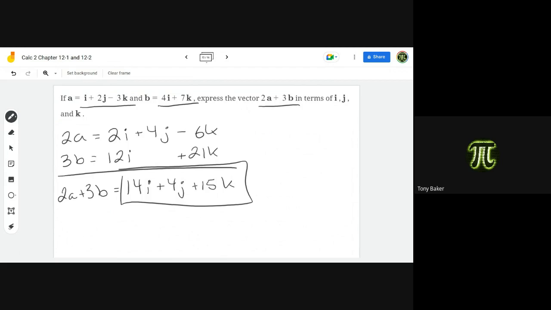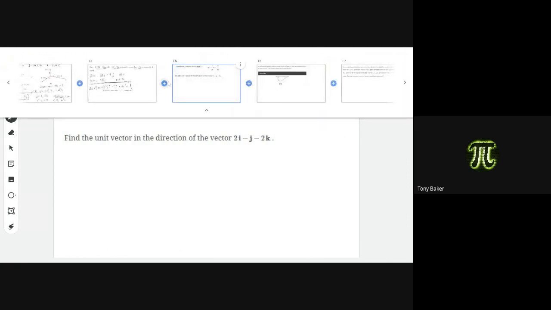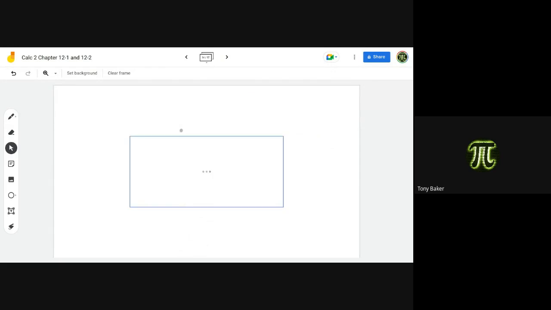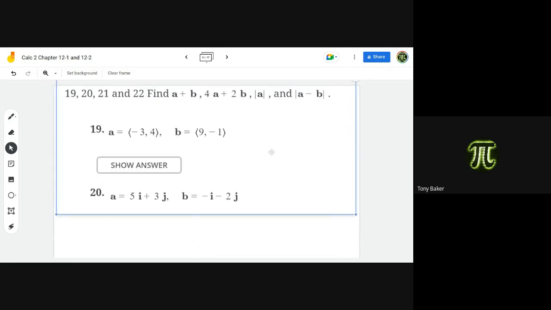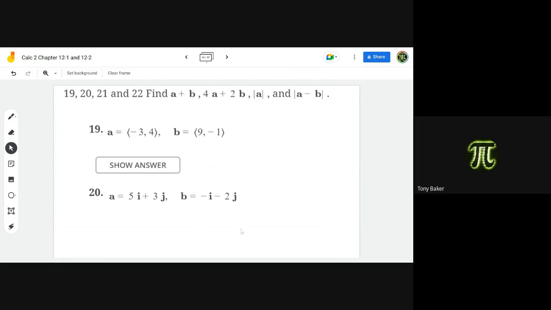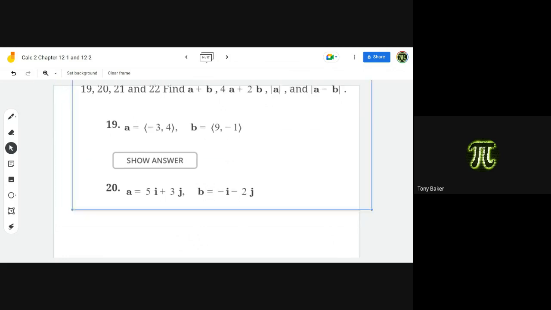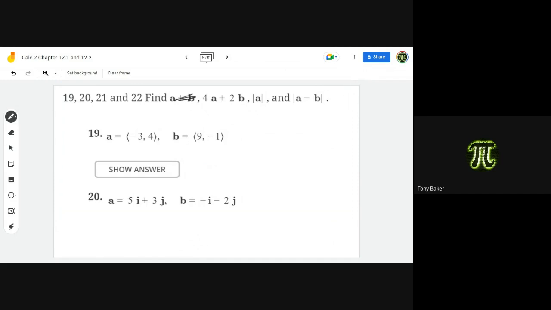Let's do these two again. So find me 4a plus 2b, and the magnitude of a minus b for those two problems.